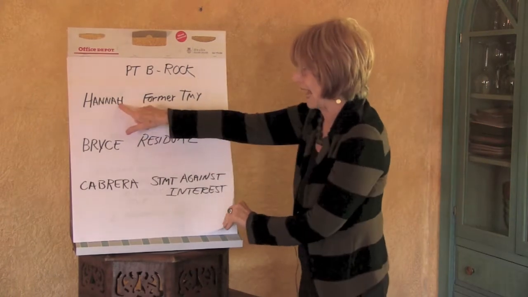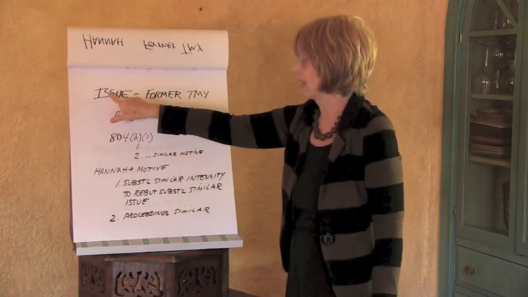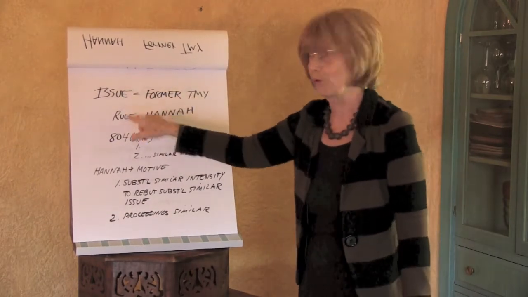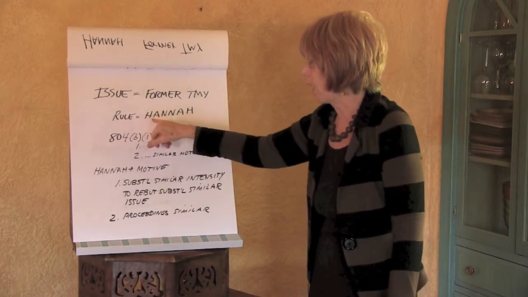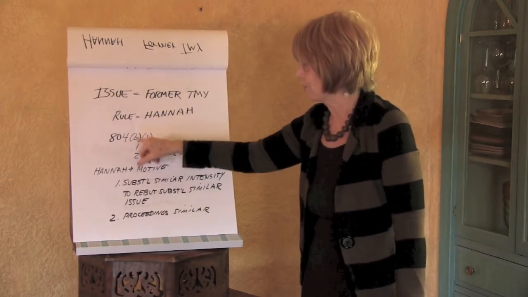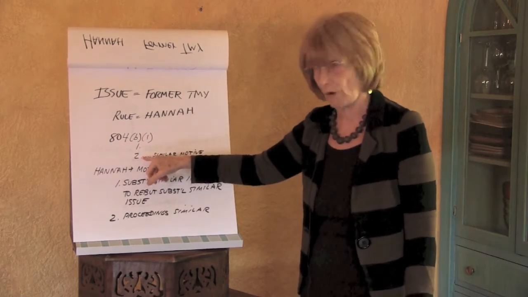The first one is Hannah, and the issue is former testimony. The rule is the statute 804B1 and the Hannah case. The 804B1 statute gives you a 2-part test, right in the statute.